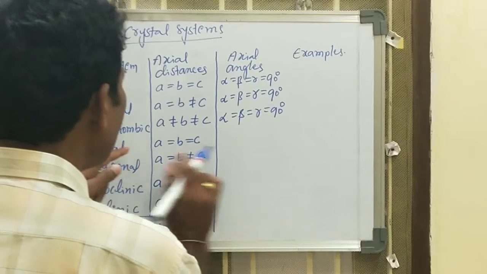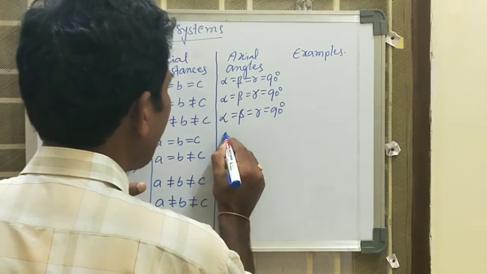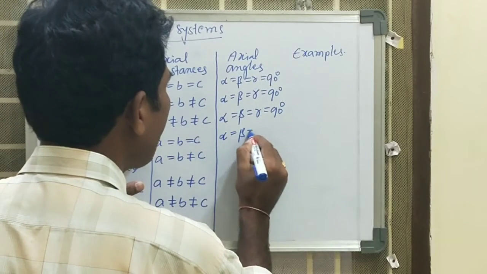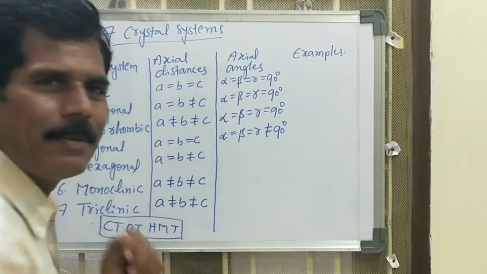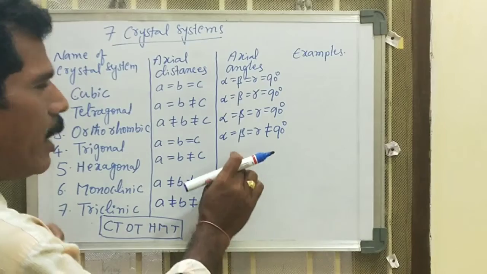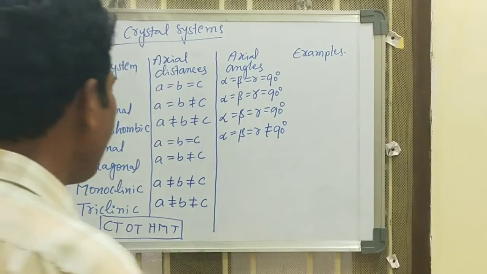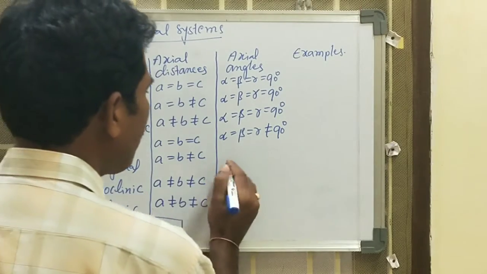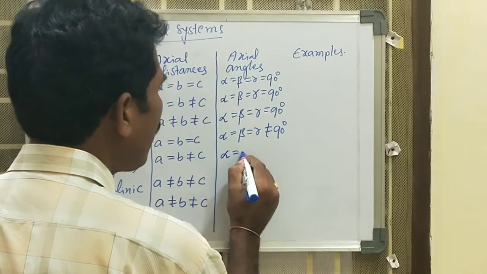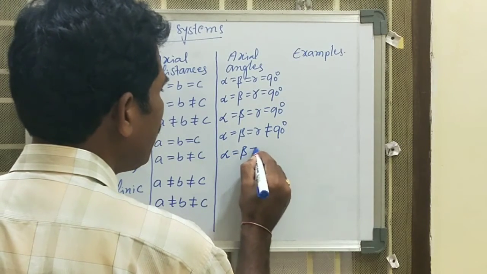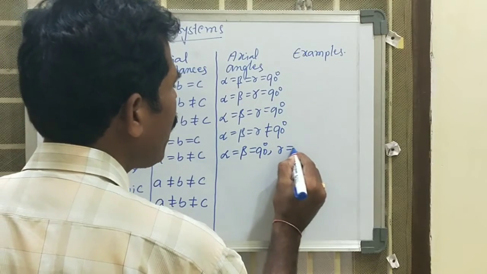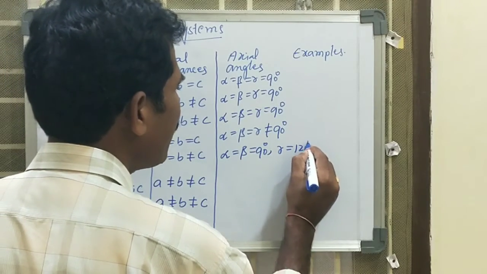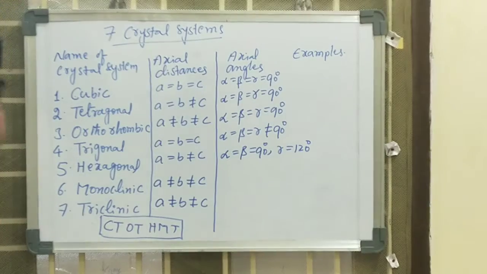Now go for trigonal. So this is alpha equal to beta equal to gamma is not equal to 90 degrees. Small variation, try to keep in mind. Then hexagonal, alpha equal to beta equal to 90 degrees, but gamma equal to 120 degrees. Right?